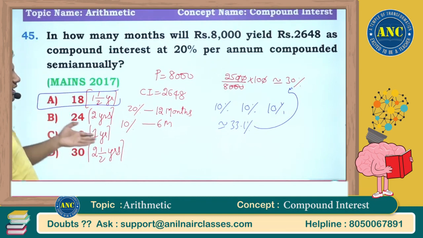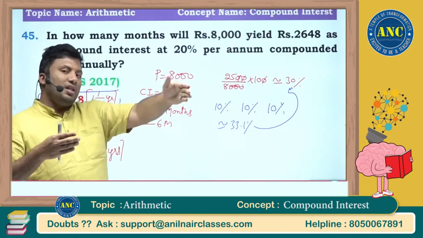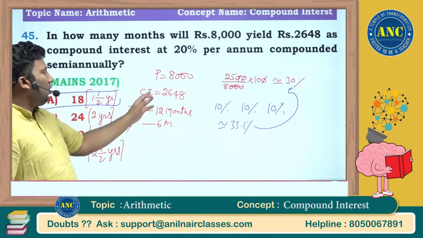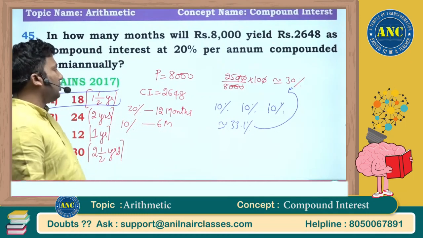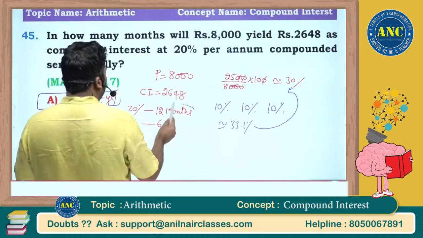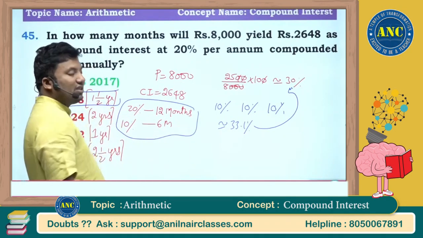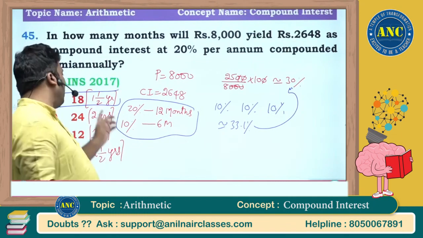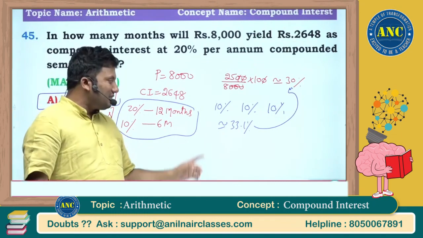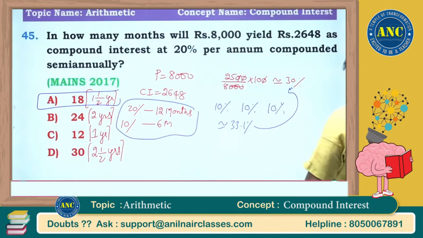The gap is very high, so I can approximate, as the gap is close to about 6 months. 2500 by 8000, the answer should be closer to 30 percentage. 20 percentage is for 12 months, 6 months it is 10 percentage. 10 percentage 3 times, which I am doing by taking the first one as the answer. The answer is 33.1 percentage, which is close.